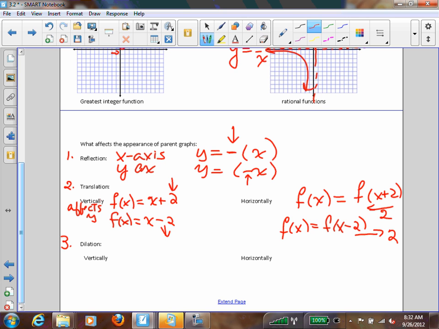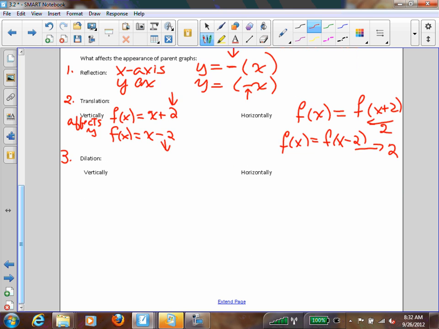Okay, here is where this is new. Dilation. All right, horizontally, if I give you y is equal to 2x, vertically means along the y. Oh, sorry. Vertically, notice where the placement is.